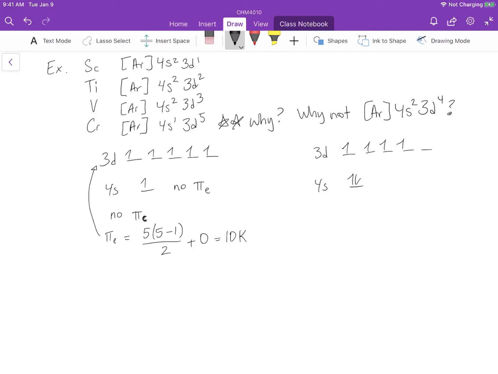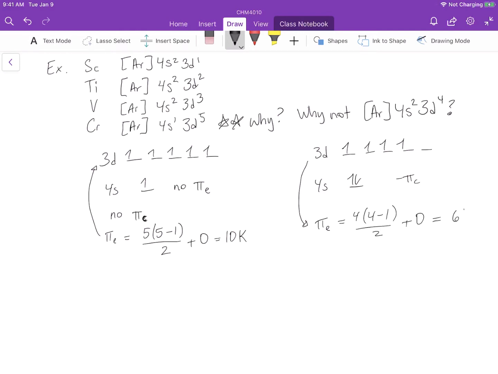So now we do actually have repulsion in our 4s, so we have minus Πc. But again, the 4s doesn't have exchange, so only the 3d has exchange. Here we have 4 spin-up electrons times (4 minus 1) over 2, plus 0.